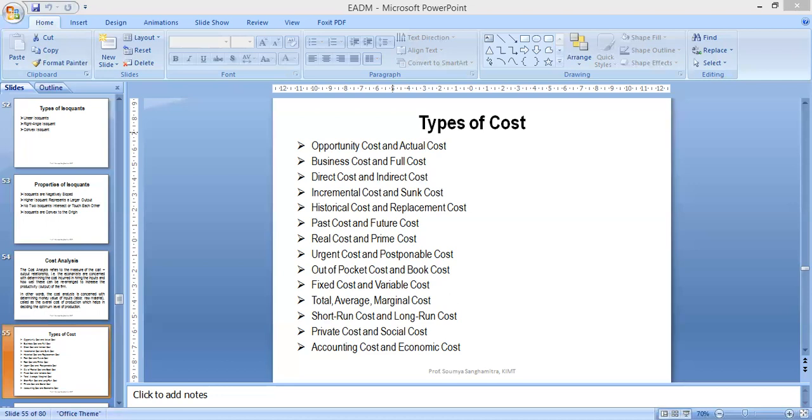In contrast, replacement cost means the price that would have to be paid currently for acquiring the same plant. So historical costs are the past costs and replacement costs are the present costs. And price changes over time, hence the difference between historical cost and replacement cost.